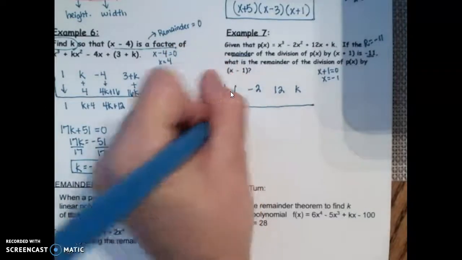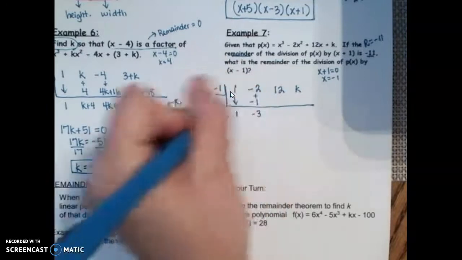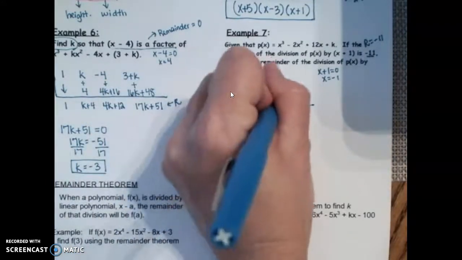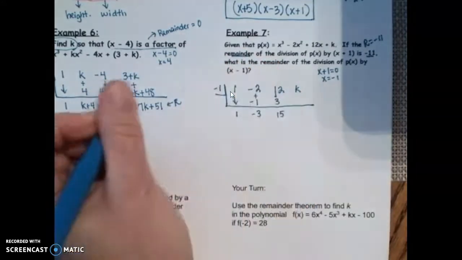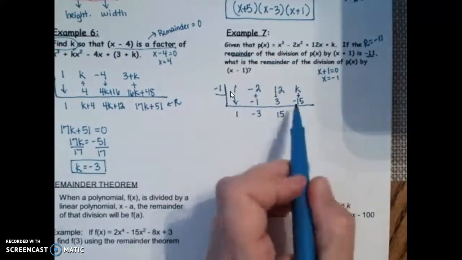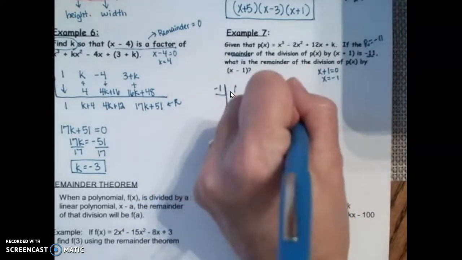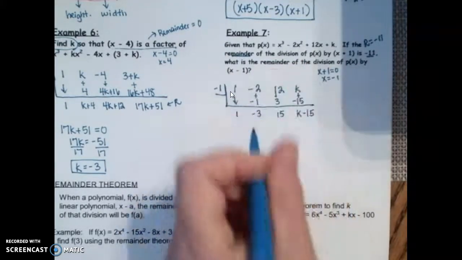Drop your first number down, multiply, add. So that's going to give us +3. Add down to get 15, and then we've got -15. So we've really got k plus -15. Well, you know plus a negative is really k minus 15.